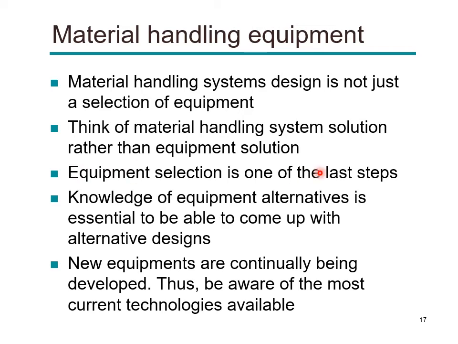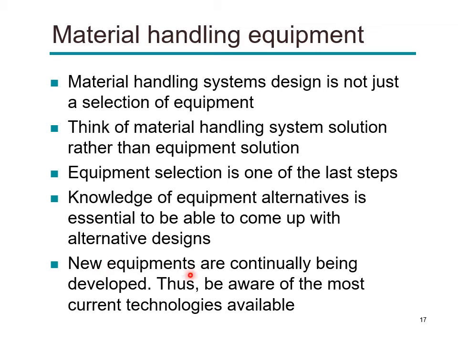The equipment selection part is one of the last steps, but in order to select the correct equipment, you need to know the alternative equipments. It's essential. If you don't know what type of alternatives are there in the market, you will not be able to select the correct alternatives.